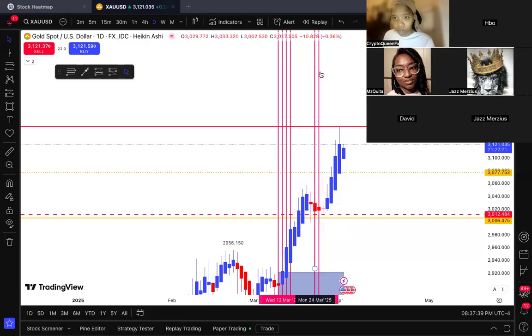On an entry on gold. That's the buy. It's not bad. Got to pull back.